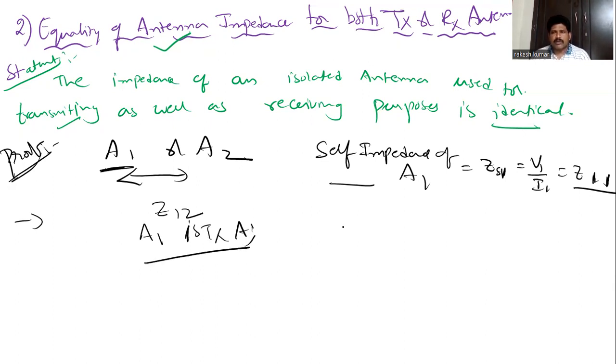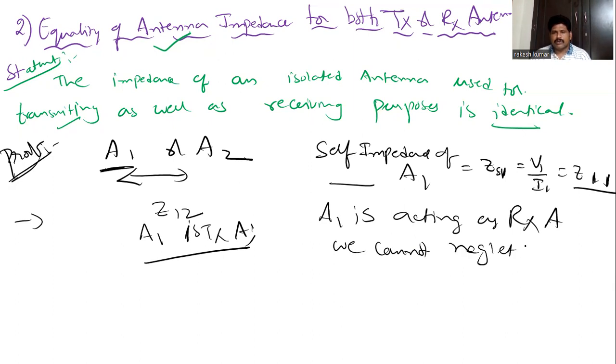But the same thing we will not consider when A1 is acting as a receiving antenna. We cannot neglect the mutual impedance Z12. This is the only parameter indicating coupling between the two antennas.